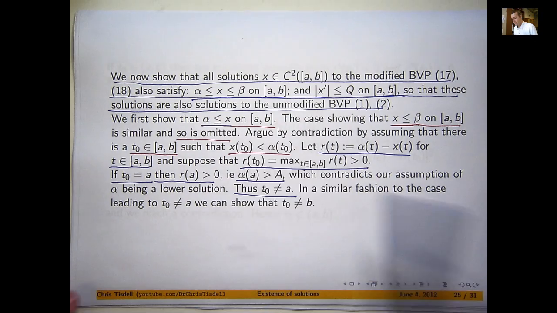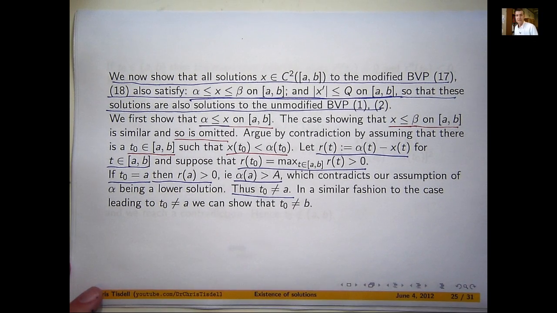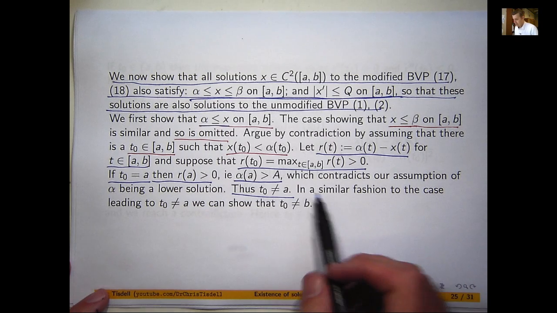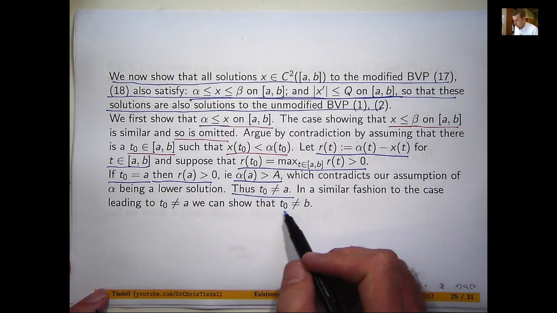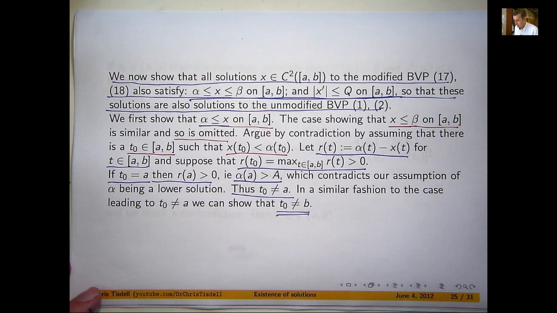In other words, r cannot have a positive maximum at the left-hand endpoint of our interval. Now in a similar fashion, you can show that r cannot have a positive maximum at the right-hand endpoint. Okay?